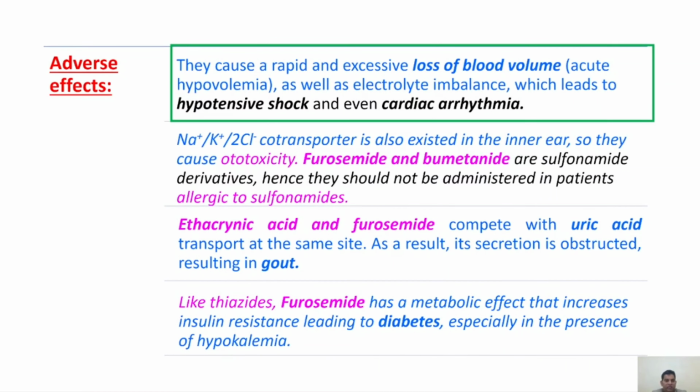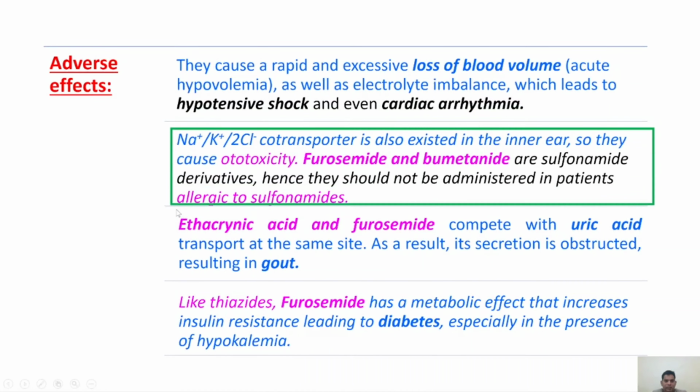Next, coming to the adverse effects, loop diuretics cause a rapid and excessive loss of blood volume as well as electrolyte imbalance, which leads to hypotensive shock and even cardiac arrhythmia. Next, second one, the sodium potassium 2 chloride co-transporter is also located in the inner ear, so they cause ototoxicity. Next, furosemide and bumetanide are sulfonamide derivatives, hence they should not be administered in patients allergic to sulfonamides.